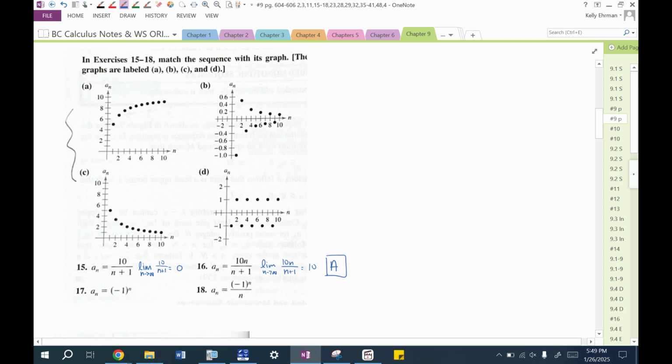And then 15 has to be C, because those terms are approaching 0. And they're not alternating. The alternating, B and D, have to have a -1 to the n in them. And then if I look at 17, this will only ever be -1 or +1, so that matches the graph for D. And this 18 will be alternating, but as n increases, the values approach 0, so that matches B.